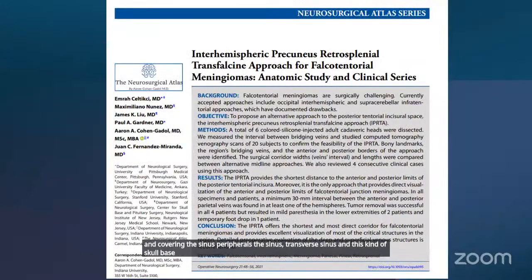From now on, I will show some anatomical dissections, some of which we used in this publication, and some of which we did for this publication.